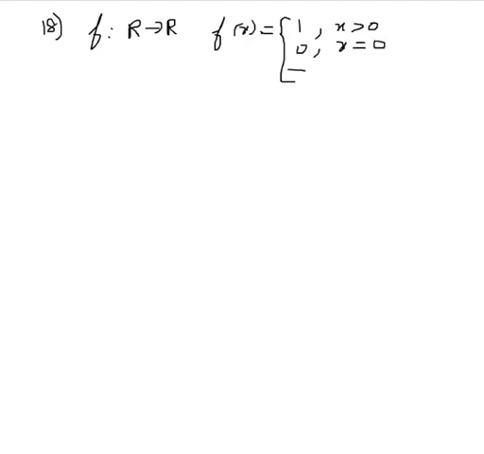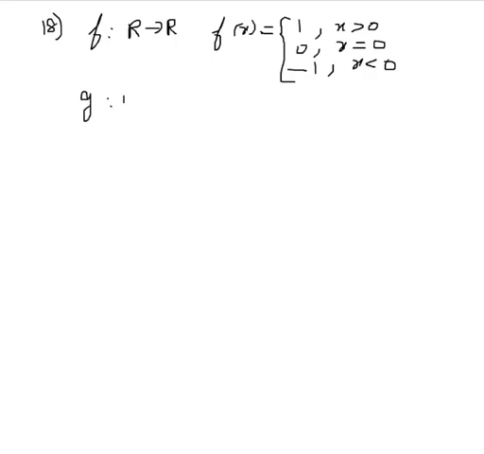Question 18. Let f from R to R be the signum function defined as f(x) equal to 1 when x is greater than 0, 0 when x is equal to 0, minus 1 when x is less than 0.